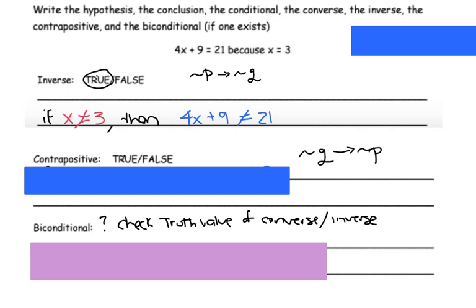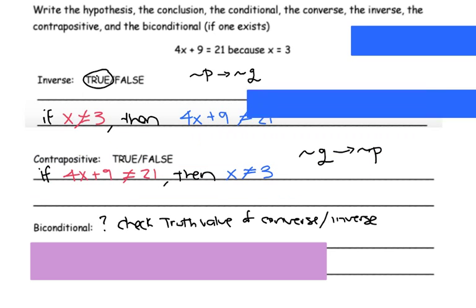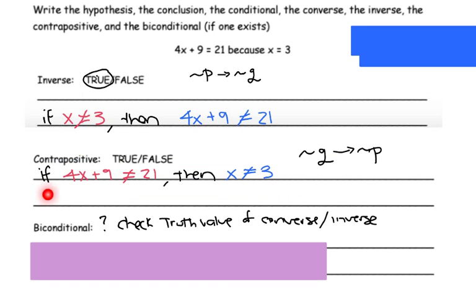And lastly, well, not really lastly, but the contrapositive, which we can for sure 100% write, is, again, two parts. You negate both parts, and we switch the location of the hypothesis and the conclusion. So in doing that, we get, if 4x plus 9 is not equal to 21, then x is not equal to 3. Hopefully you are saying, for your truth value, that this statement is actually coincidentally also true.